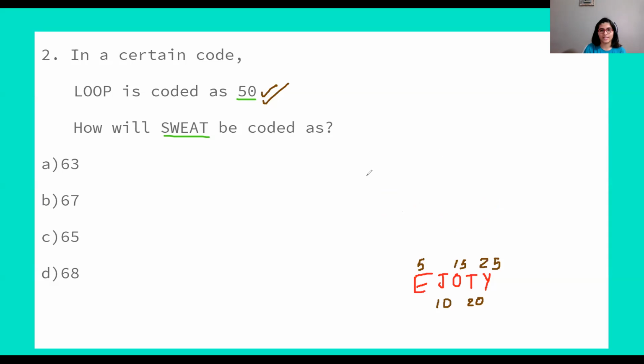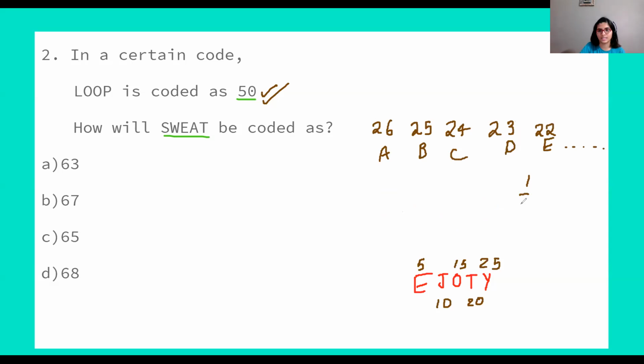In the English alphabet, the numbers and the alphabets can also be related backwards. Like 26 will be A, 25 will be B, 24 will be C, 23 will be D, 22 will be E, and so on.